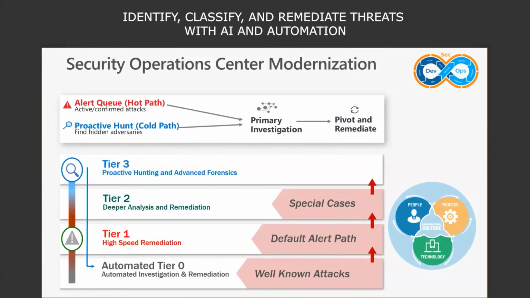One is a hot path addressing active or confirmed attacks, and a cold path proactively hunting for hidden risks or hidden adversaries. Notice that tier 3 is advanced specialization that contributes to enriching the toolset with additional analytics and additional automation. And it implements automated investigation and remediation where it's applicable and needed.